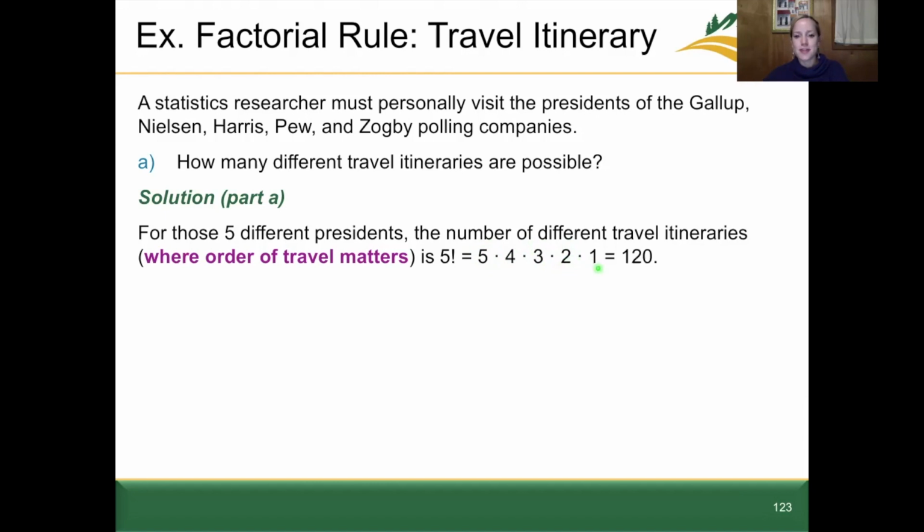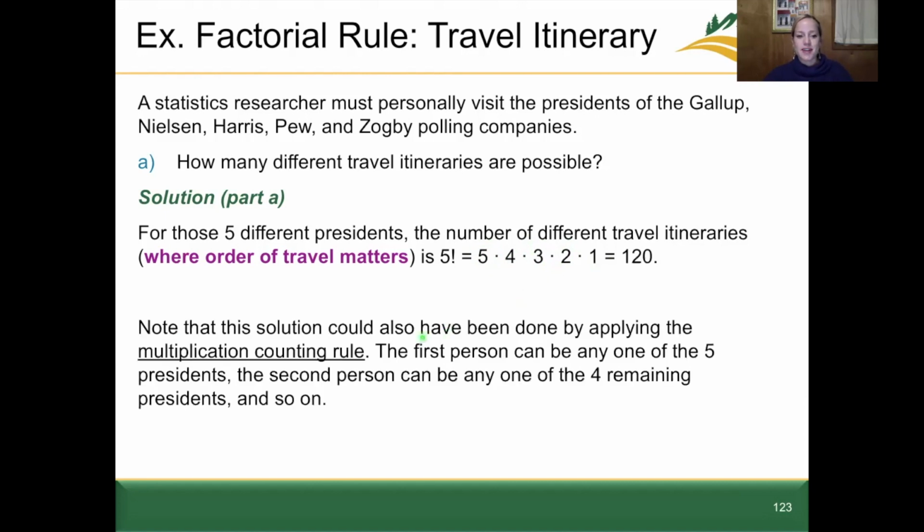And then for the 5th travel opportunity, there'd be only 1 president left at that point. Now, you may be recognizing that this solution could also have been done by applying the multiplication counting rule. This is essentially what I talked through. So the first person can be any one of the 5 presidents, the second person could be any one of the 4 remaining presidents, and so on.